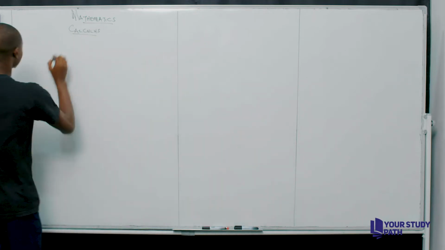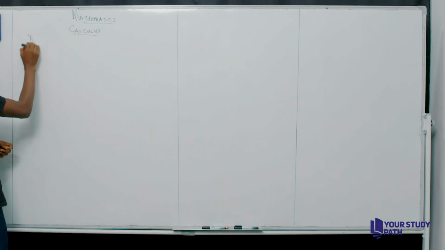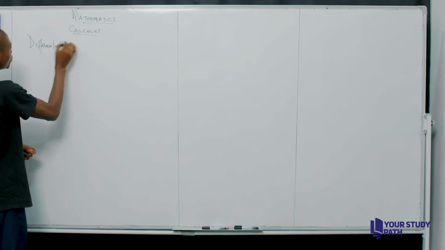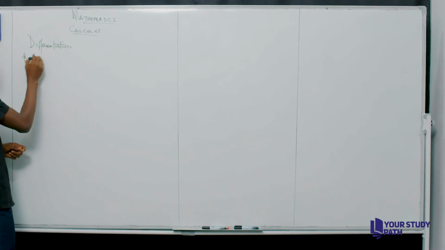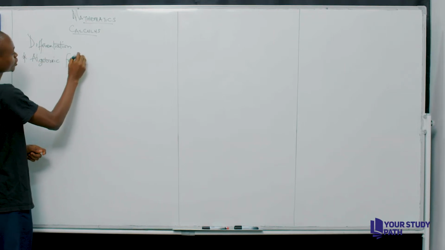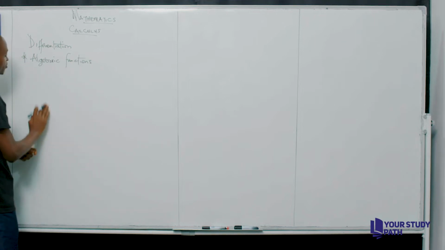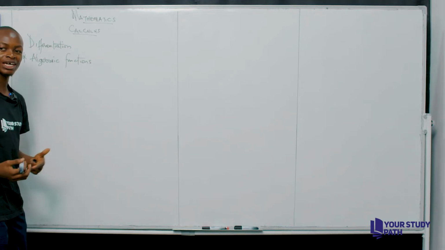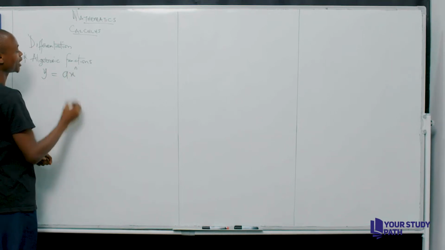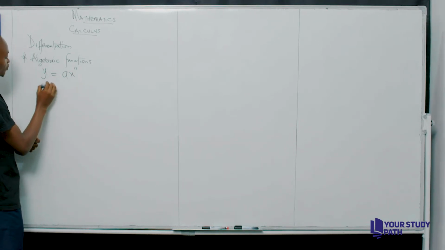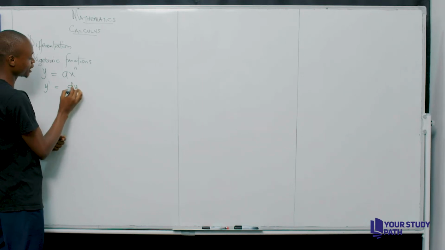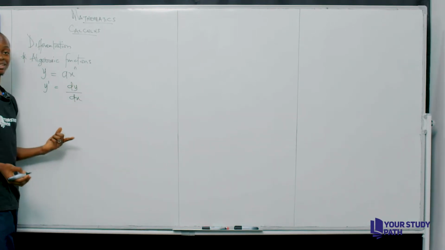We are still under differentiation. We talked about the framework for the algebraic functions, and we said that we could express a general form y equal to ax raised to the power n. If we were to differentiate this, either we write it as y prime or as dy dx, either one is fine.